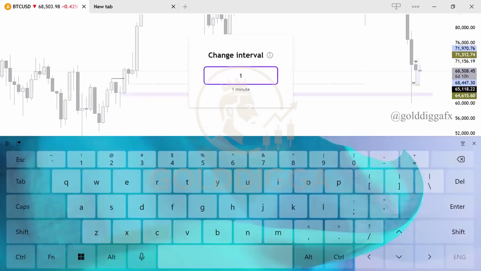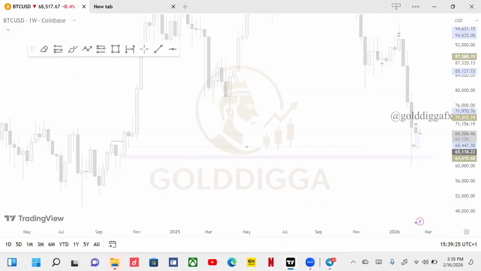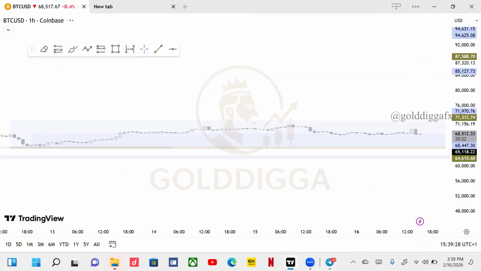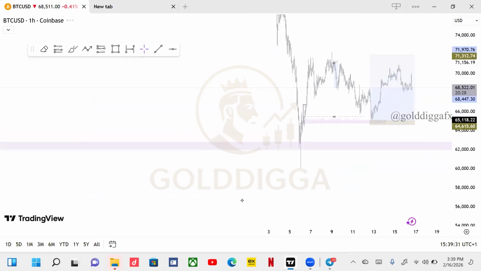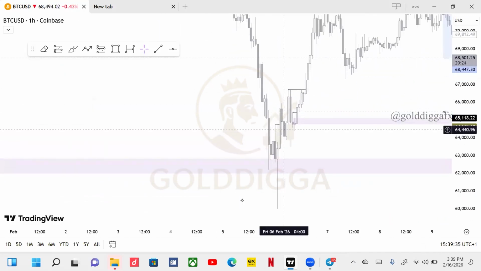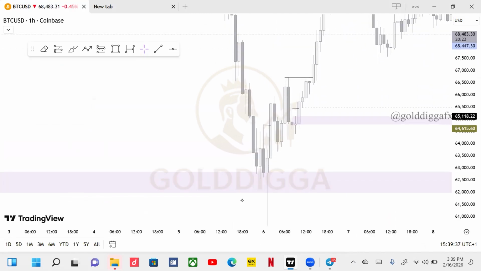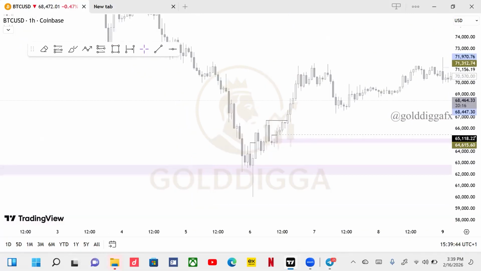Let me see a structure on the micro time frame, either a shift or something. And in the 1 hour time frame, there was a structure shift to confirm trend change, right? So after this structure shift, all I saw was that price was giving us a trend.